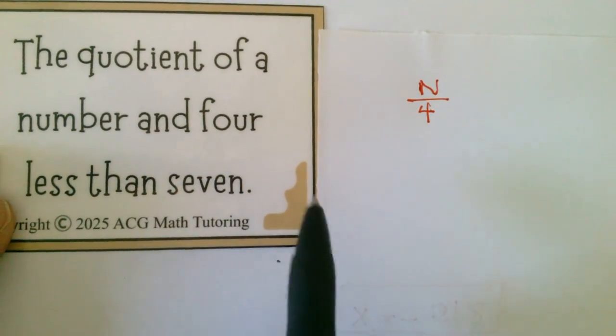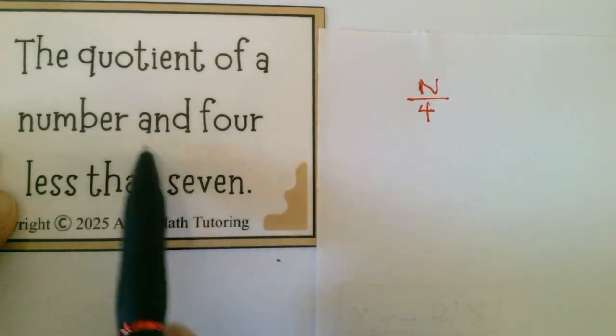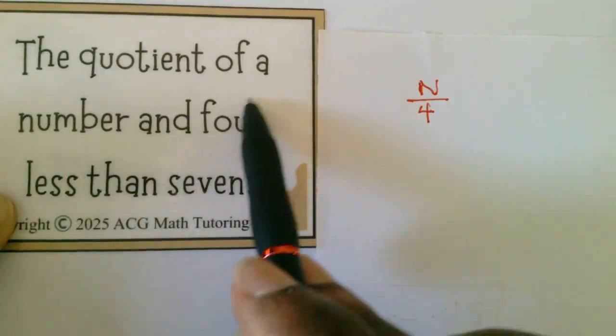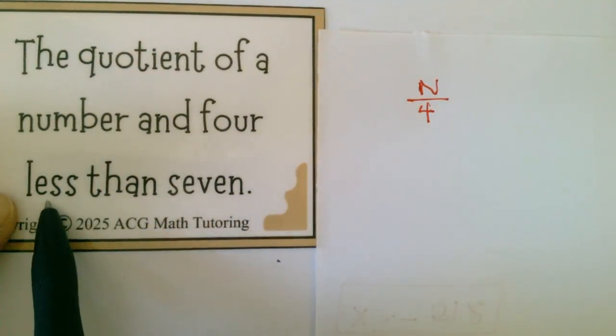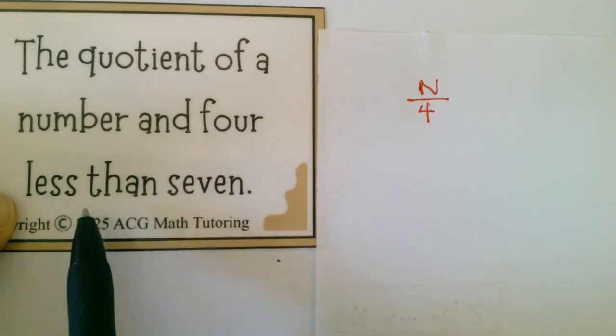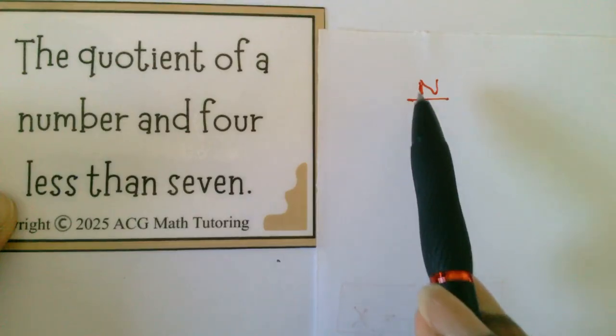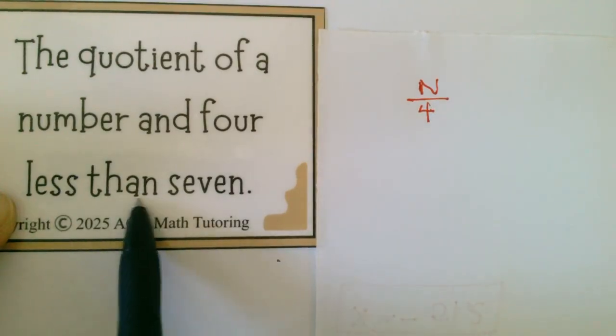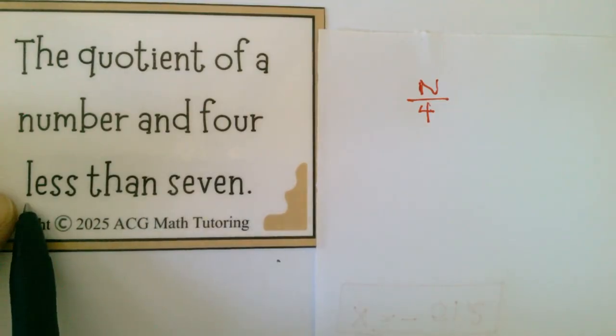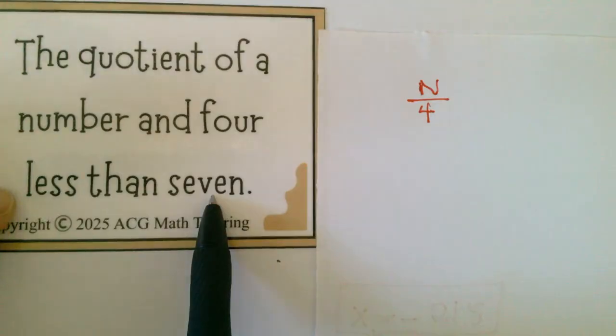Now the second part, they're saying the quotient of a number and 4 is less than 7. So that means my n over 4 has to carry the minus sign because that's going to be less than 7.